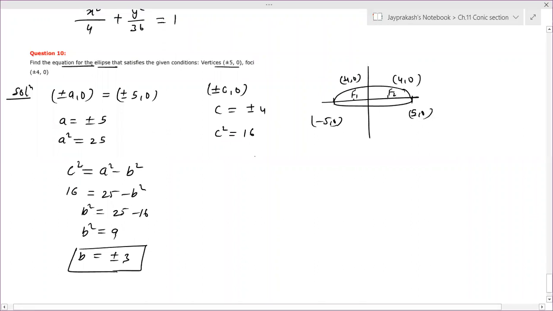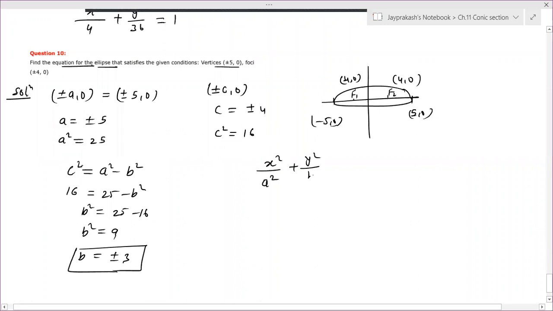Now the standard form of the equation is x square by a square plus y square by b square is equal to 1. And we are considering that it is expanded along the x-axis, so a is in the denominator of x square. So it is x square by 25 plus y square by 9 is equal to 1.